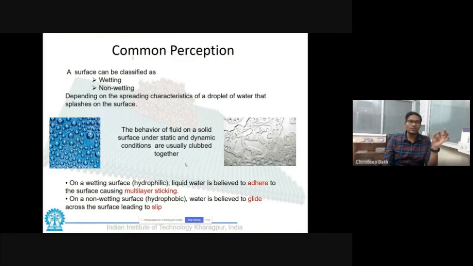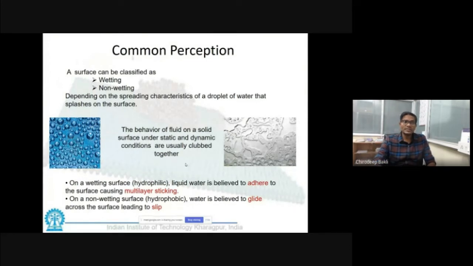It would start forming small spheres, and if you try to spread it over, it would break itself into smaller spheres, but it would never form a film. Since water is the most common fluid, a wetting surface is usually called a hydrophilic surface. And obviously, if it is not water, then there are other terms like lyophilic. A non-wetting surface is called a hydrophobic surface. So that is the common concept of wetting.